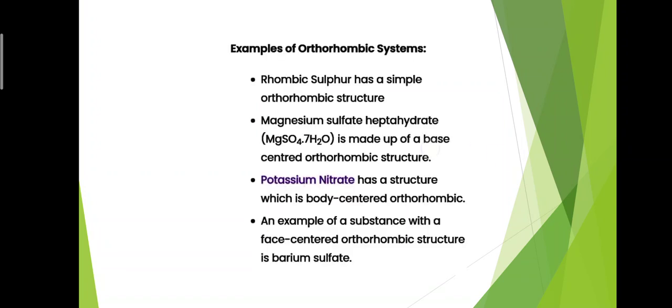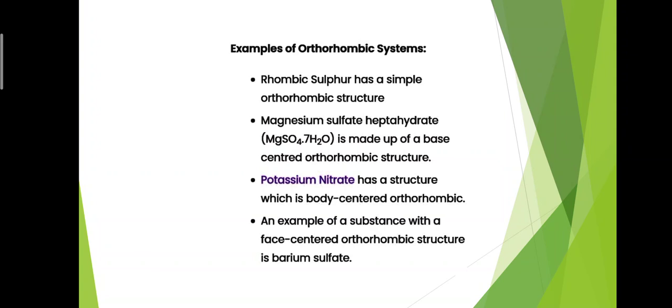Examples of orthorhombic systems: Rhombic sulfur has a simple orthorhombic structure. Magnesium sulfate heptahydrate, that is MgSO4 7H2O, is made up of a base-centered orthorhombic structure. Potassium nitrate has a structure which is body-centered orthorhombic.